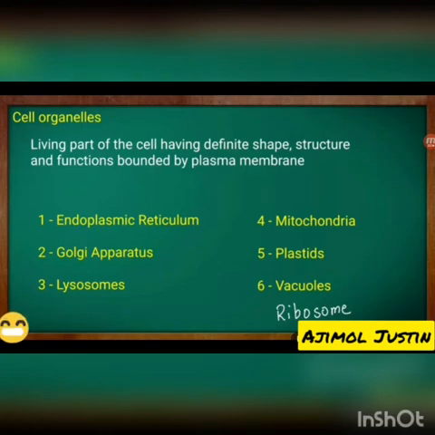Let us see what are the different cell organelles. Different types of cell organelles are Endoplasmic Reticulum, Golgi Apparatus, Lysosome, Mitochondria, Plastids, Vacuoles and Ribosomes. Let us see each one of them in detail.